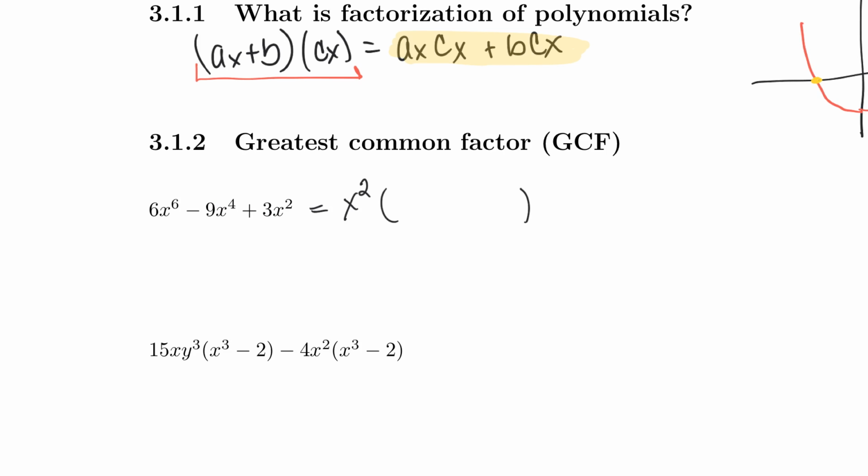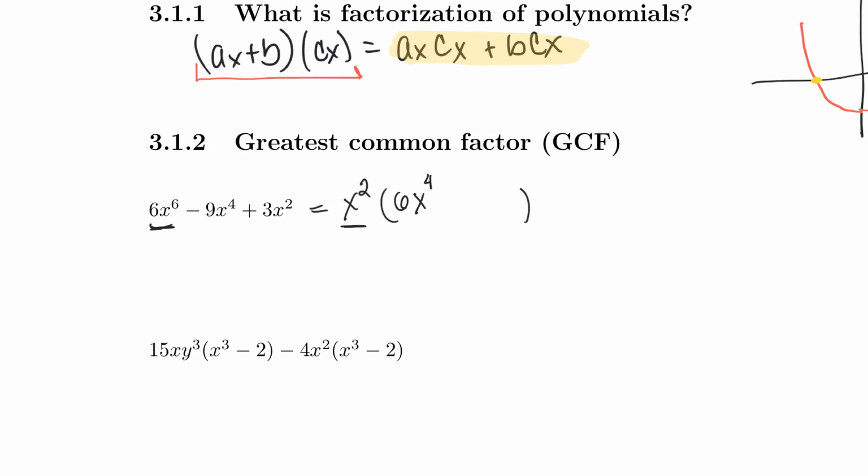The way we do it is term by term. For example, we start with 6x to the 6th power. With what do we have to multiply x squared to get 6x to the 6th power? We multiply by 6x to the 4th power.